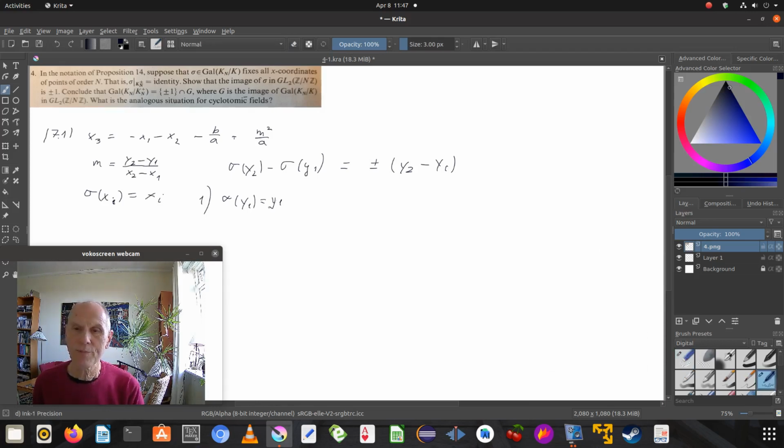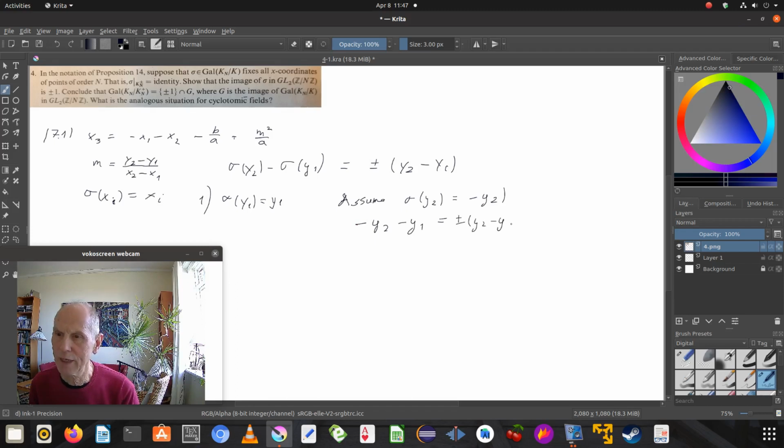So first, if sigma of y1 equals y1, then we have to show that sigma of y2 equals y2. So assume, to prove the contrary, that sigma of y2 equals minus y2. Then we have minus y2 minus y1 equals plus minus y2 minus y1.